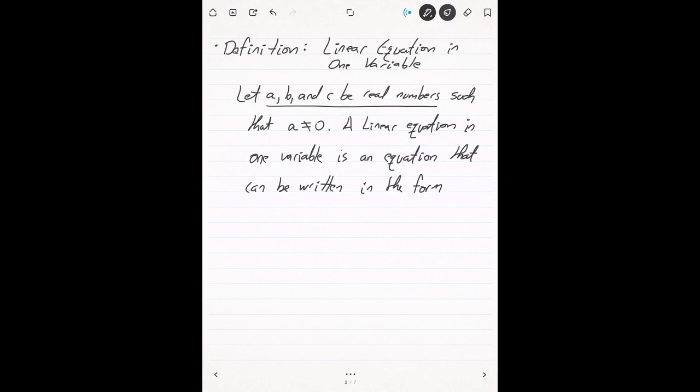We should remind ourselves that real numbers are going to be defined as any number on the number line. So a real number right now is any number you can probably think of.